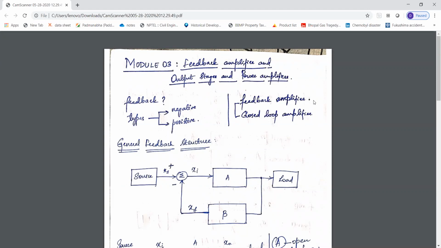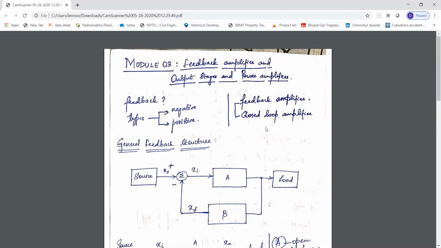This is also known as a closed loop amplifier because the amplifier forms a closed loop. In today's technology many electronic circuits employ feedback in order to enhance the functioning of the system.